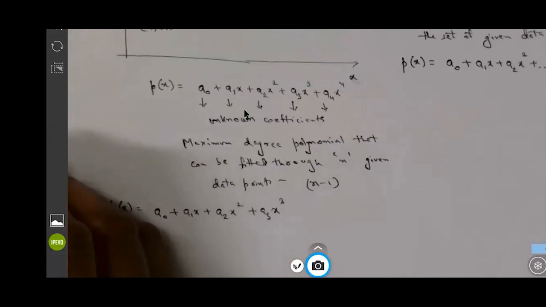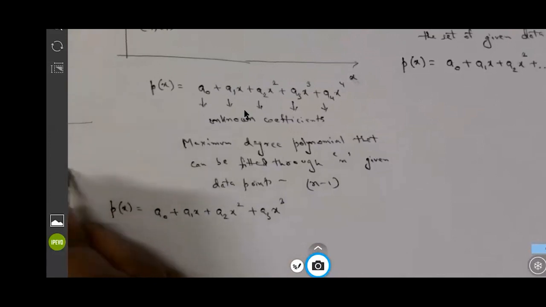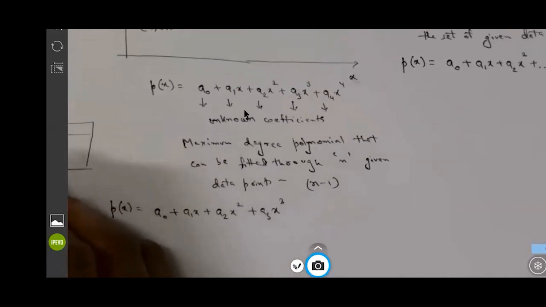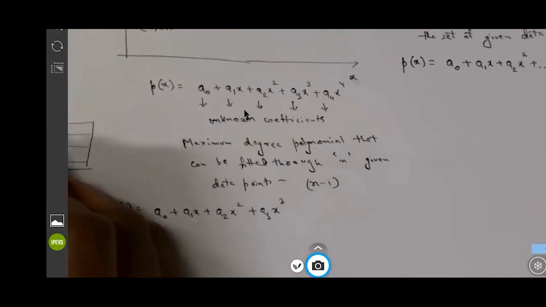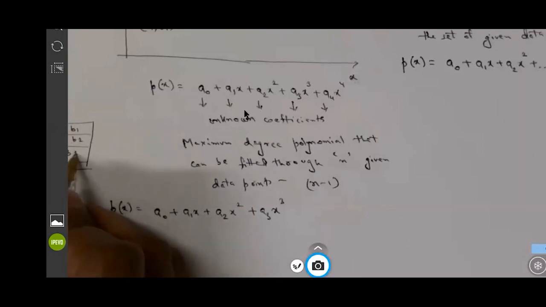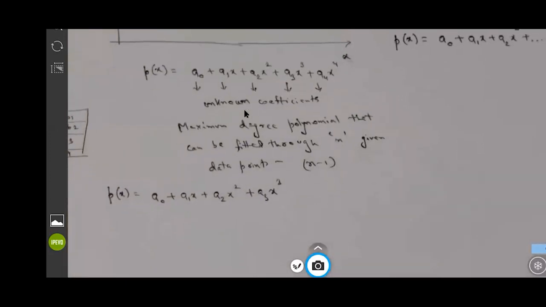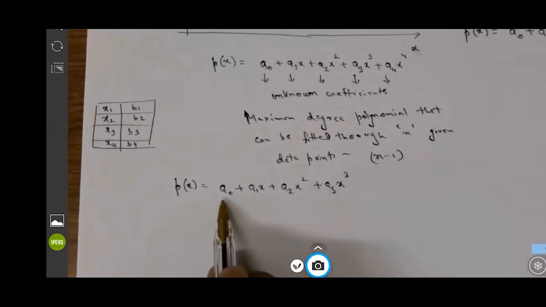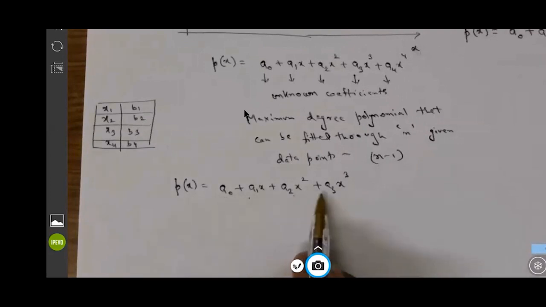Now what I am given is a table of values that represents my xi's and bi's: x1 b1, x2 b2, x3 b3, and x4 b4. So I can determine these coefficients a0, a1, a2, and a3.